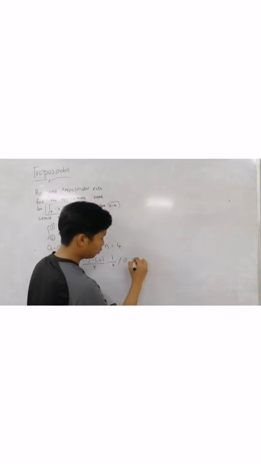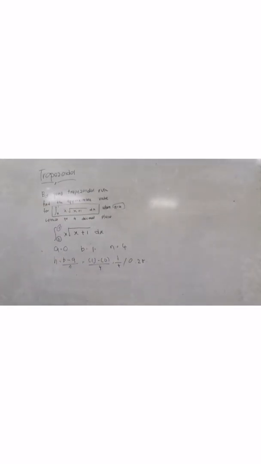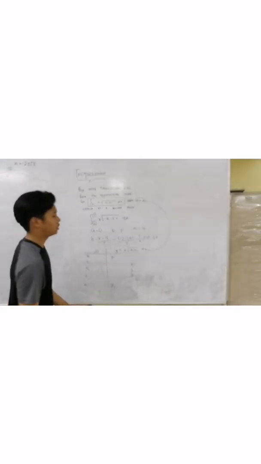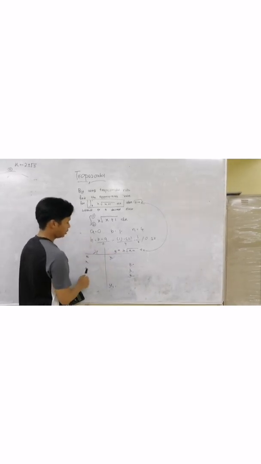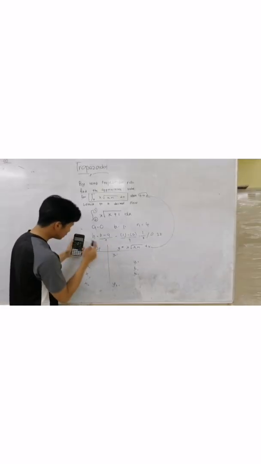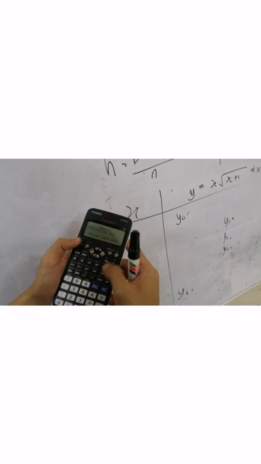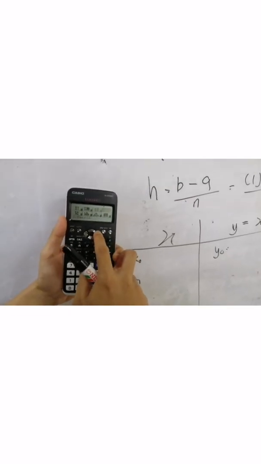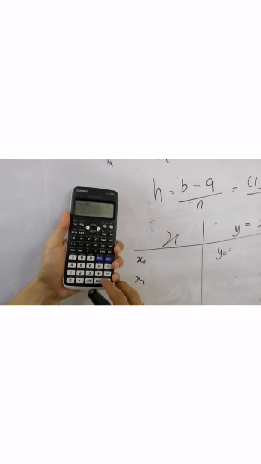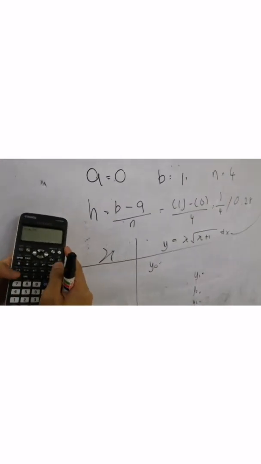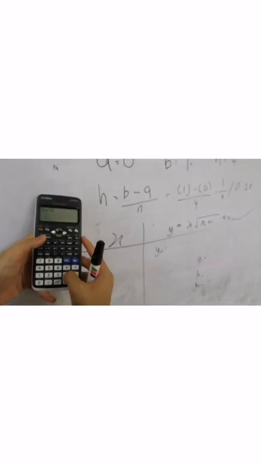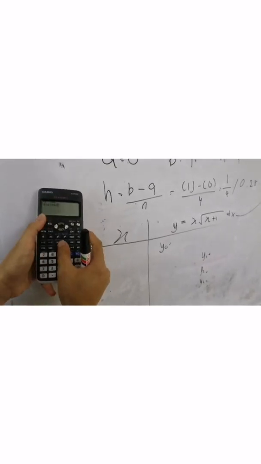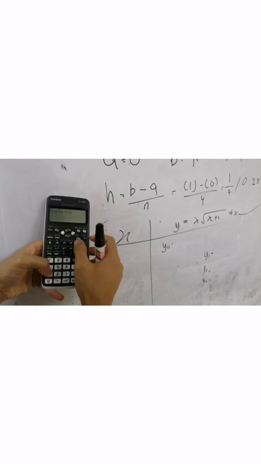which is 0.25. So before we go, in this lesson you just construct the table like this, and then you use the calculator on it. Press menu and find table. Just substitute the equation x square root x plus 1.